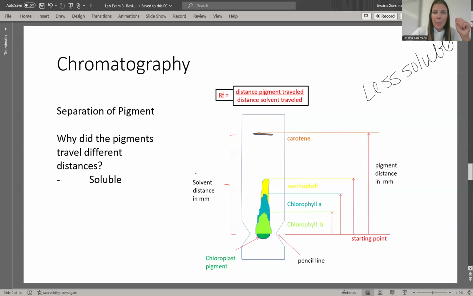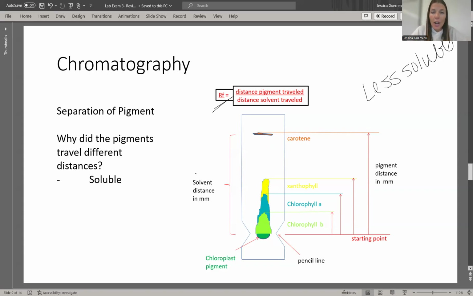So this first pigment that didn't move far at all compared to the rest was chlorophyll B. Chlorophyll A was a little bit more soluble. Then we have xanthophyll, which is a yellowish pigment. And then carotene traveled the furthest, okay? So that's the results that we should have gotten on that TLC strip. What we tried to calculate is the Rf factor.